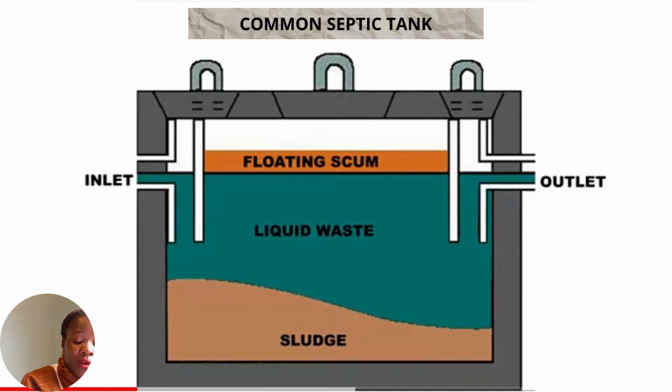The water, of course, is carried away into the soak pit or the treatment plant, but what is left in the chamber, the fecal matter and the fats and all those other things that are not water, has to be emptied every now and then, because it becomes full maybe after a year or 2 years or 3 years, depending on the usage. These septic tanks have to be emptied so that their functionality can continue without any inconvenience to the end user.